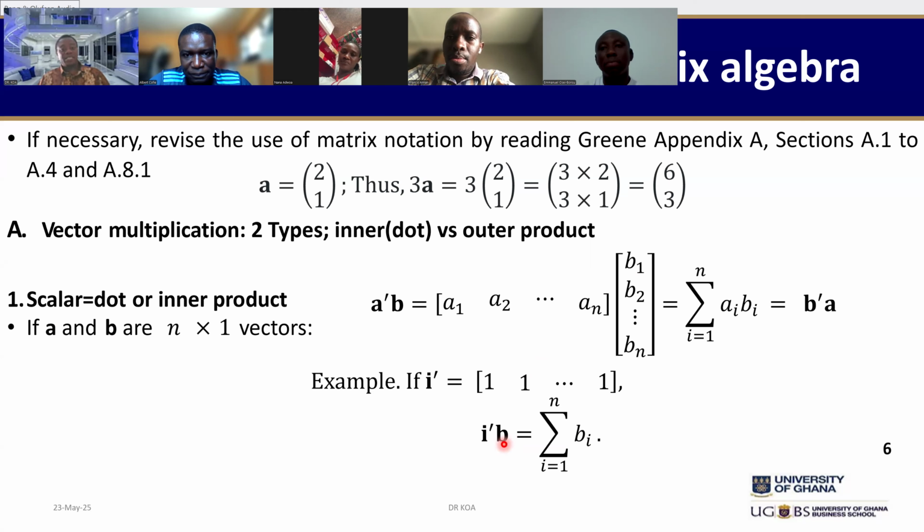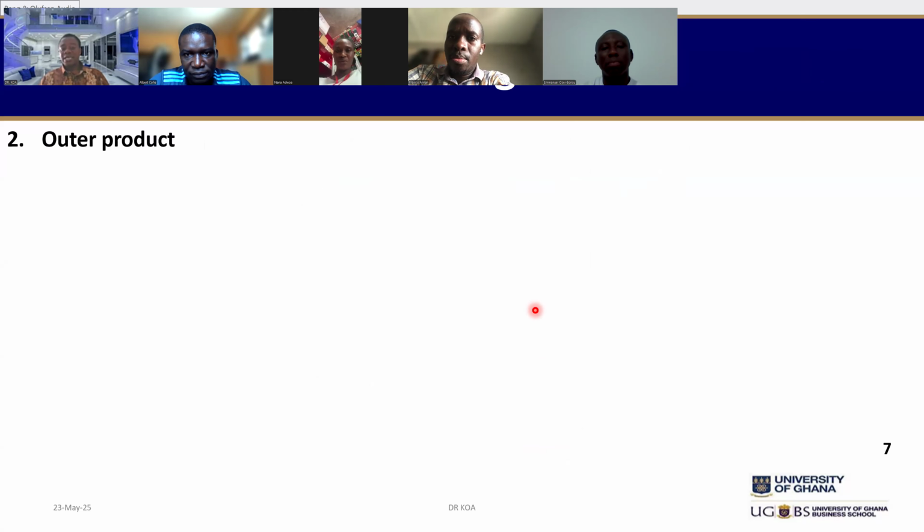This carries the idea of a dot or inner product matrix that we are discussing here. So that is the inner product matrix.